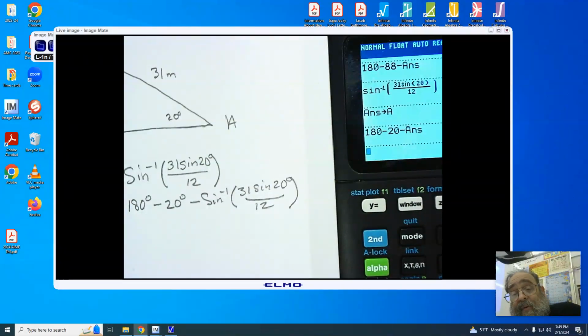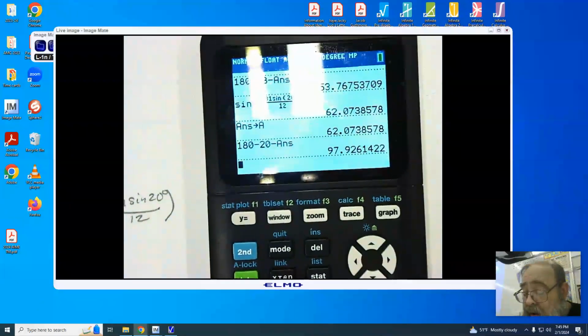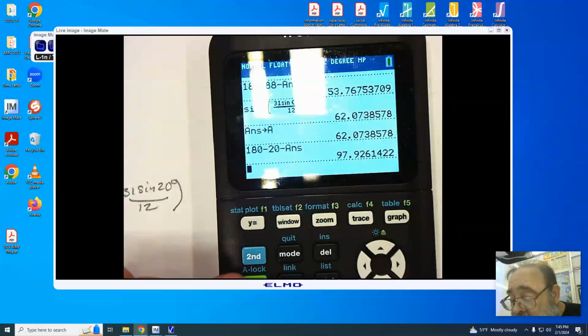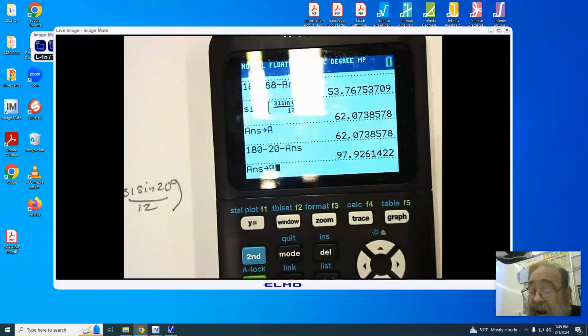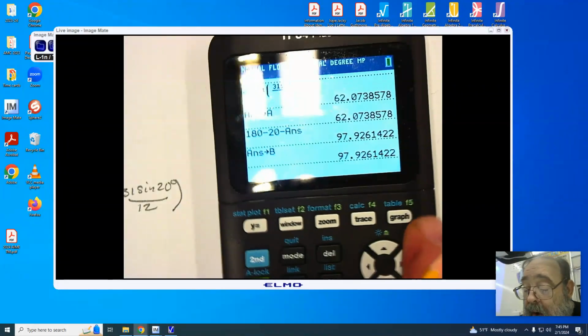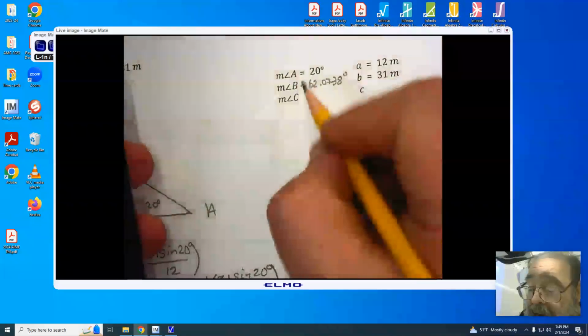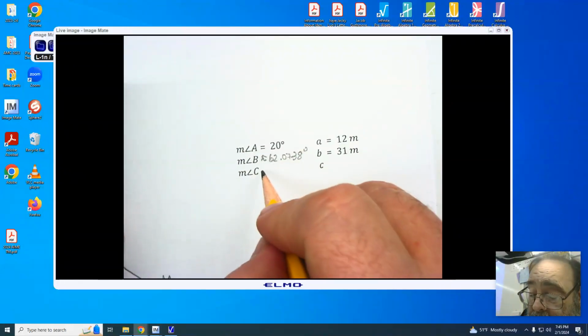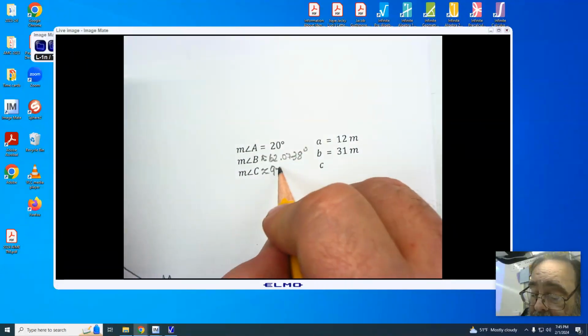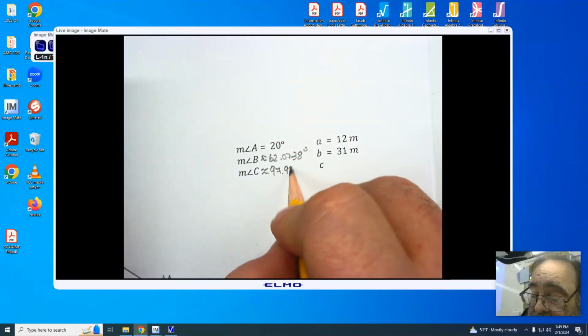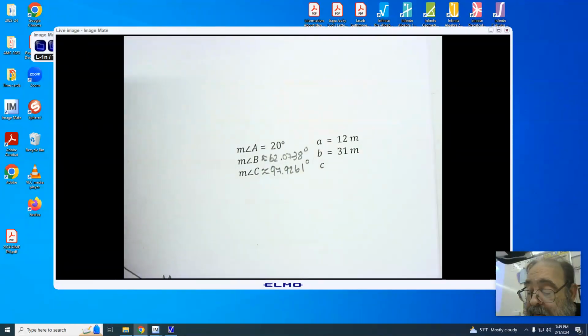I'm going to have to use the largest decimal I can, so I am now going to store it in Alpha B, a different letter than what I have for A. Hit enter. I'm now going to write this down under my C information. It is approximately 97.9261 degrees.